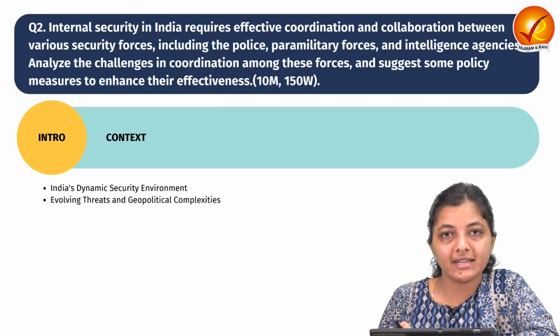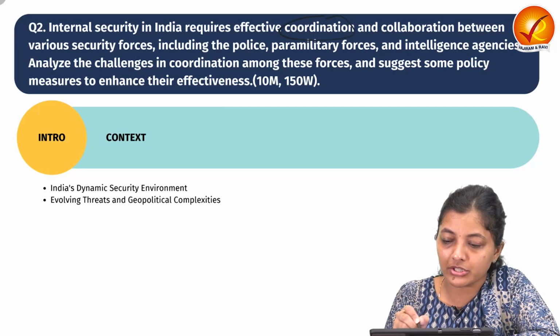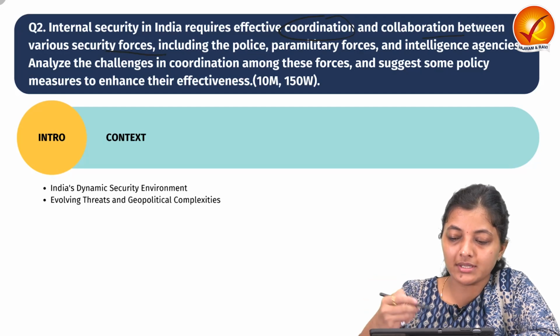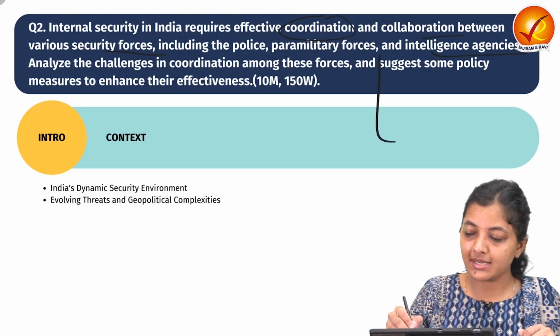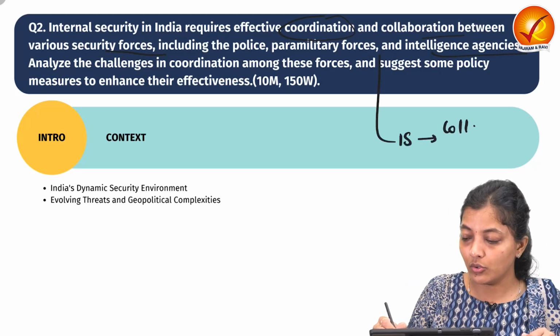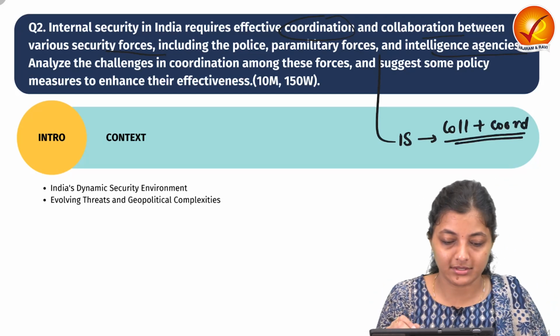Now let's move on to the second question. Internal security in India requires effective coordination and collaboration between various security forces, including the police, paramilitary forces and intelligence agencies. So the question is saying that internal security of India requires collaboration and coordination of the different security forces.